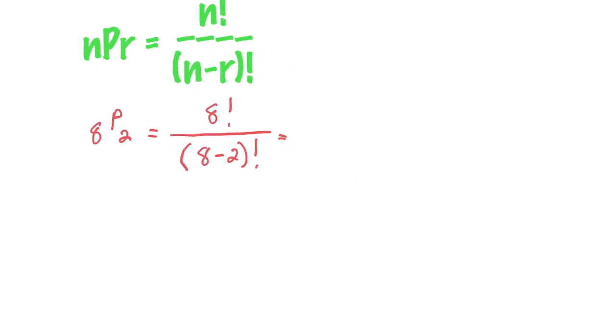So on the second or third page, I showed you that the division turns out to be just the first two digits, because from 6 down they cancel out. And that's how we arrive back at that way of writing our permutation, 8P2.